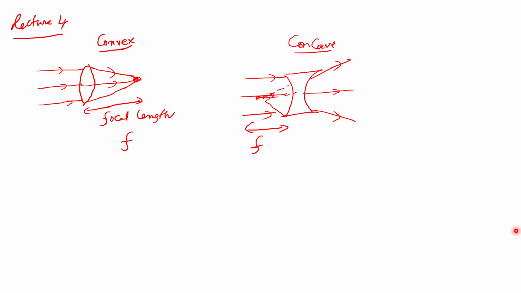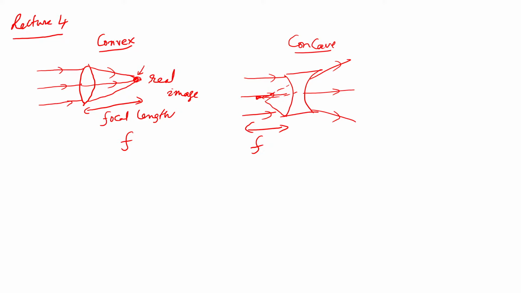So we will discuss a little bit about real and virtual images. Here, in case of a convex lens, the rays are actually converging to this point. So we call this a real image because the rays are actually converging to this point in reality.